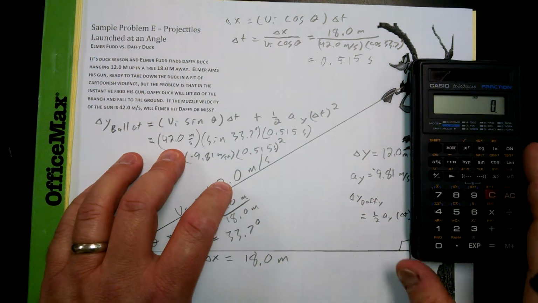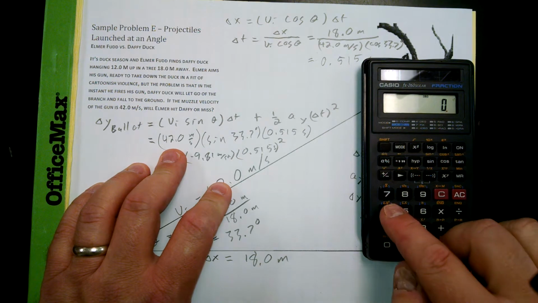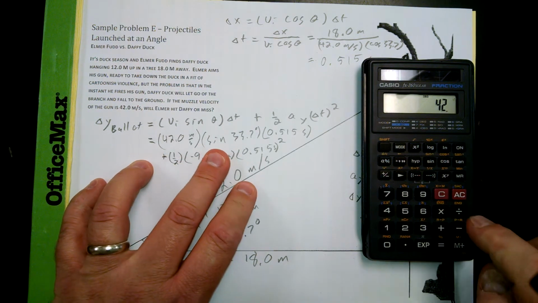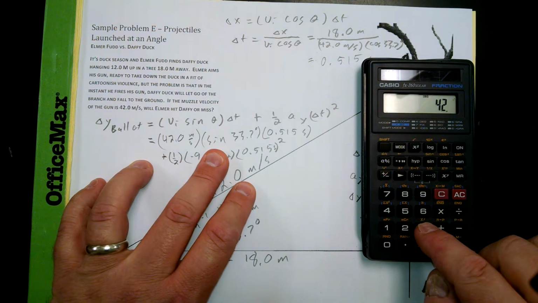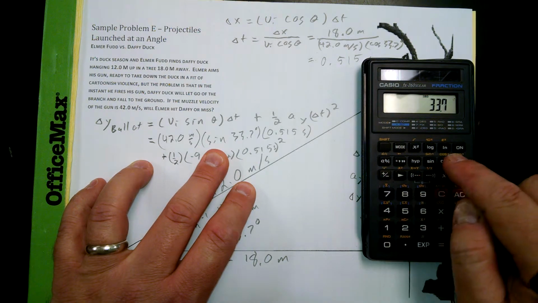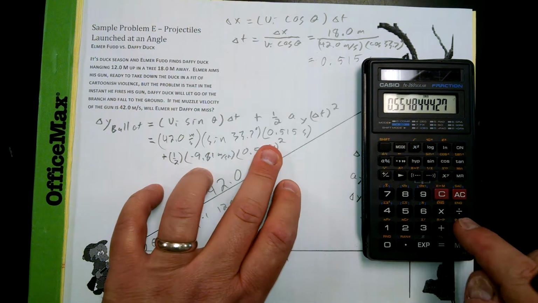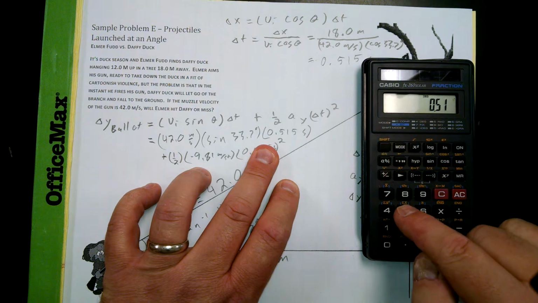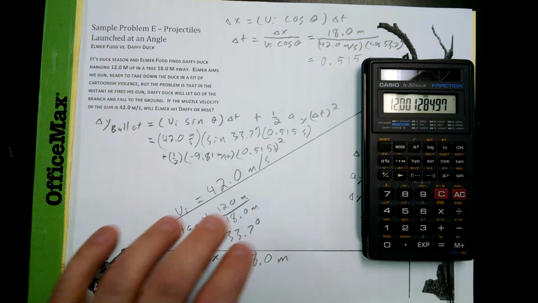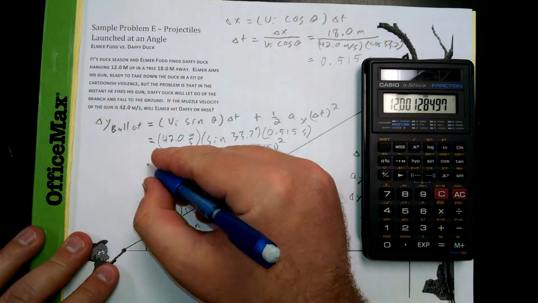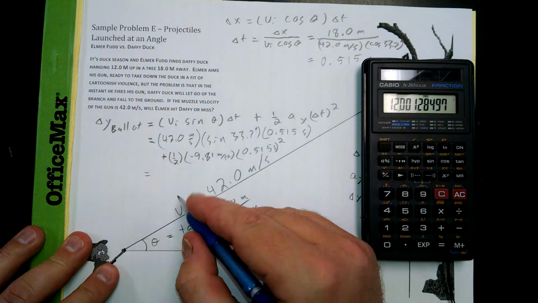Okay, so let's see. We'll start out with the first part. That is going to be 42 times sine of 33.7 times 0.515 seconds. Okay, so I'm just going to go ahead and separate these two figures out.